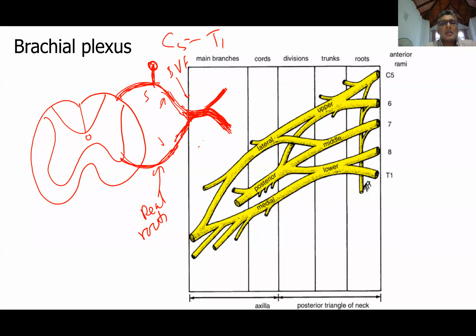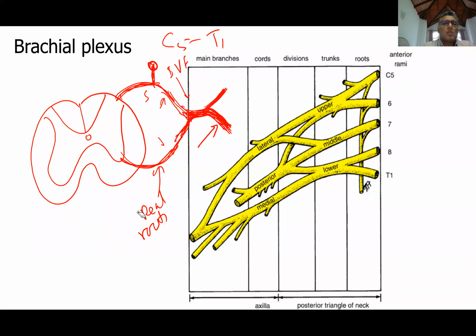And the anterior primary rami are the ones that contribute to form all your plexus, whether it's cervical plexus, brachial plexus, lumbar plexus, sacral plexus or coccygeal plexus. It is all anterior primary rami that contribute to form.